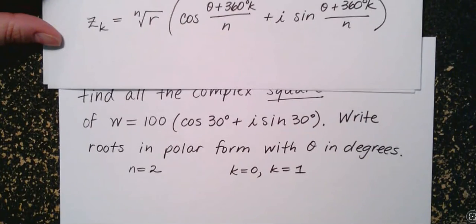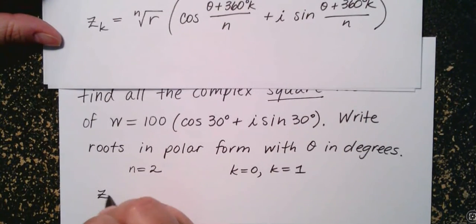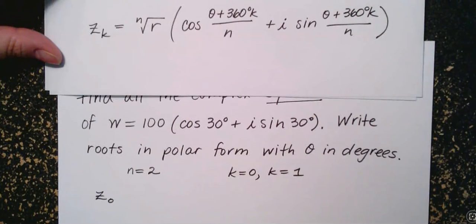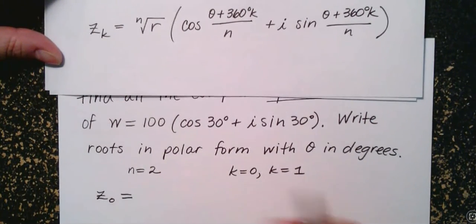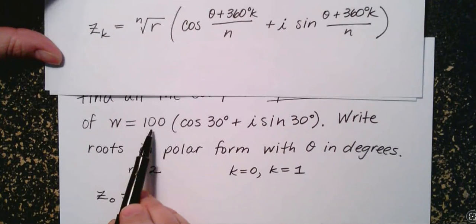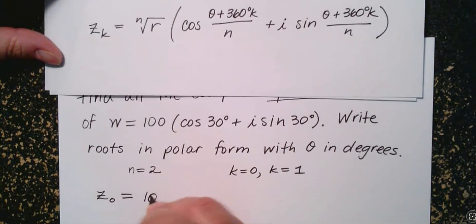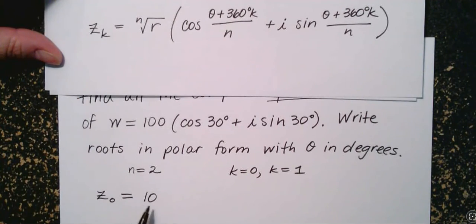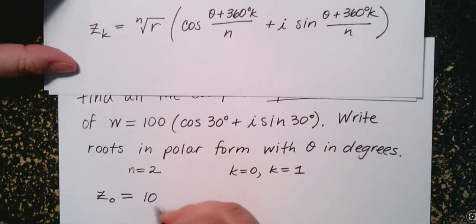So for k is 0, my answer is z sub 0. That's basically just saying which answer I'm on. I'm on the first answer, k is 0, which is equal to the square root of the number out front. The square root of 100 is 10. Notice that's not going to change as k changes. So I'm going to have a 10 out front regardless.